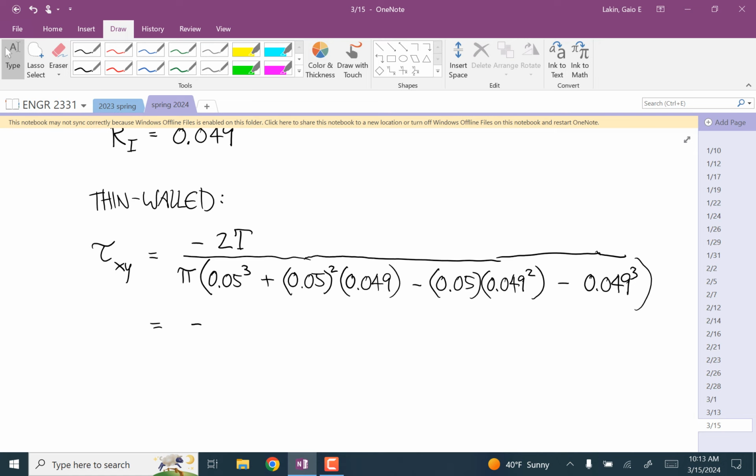And so we get a stress that's equal to negative 5,091.2 times that torque. Anyone else calculate that? You get the same thing?